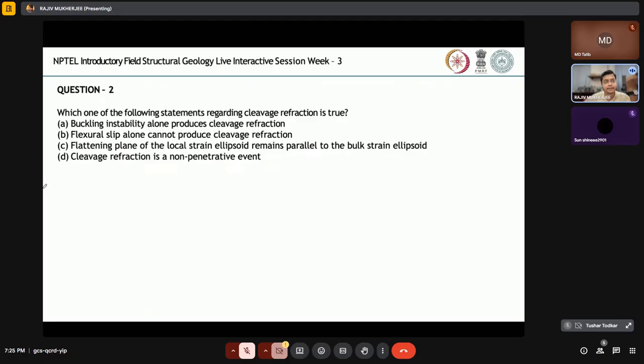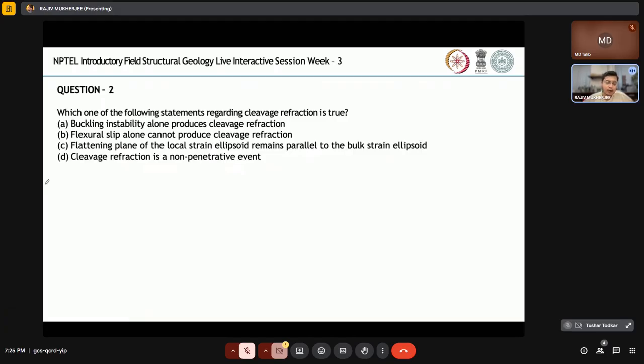Since in the previous week we already learned about what cleavage refraction is, and in this week's content we learned a lot about how folding works and even some concepts regarding cleavage fanning, I think it is better to relate folding mechanisms and cleavage refraction.